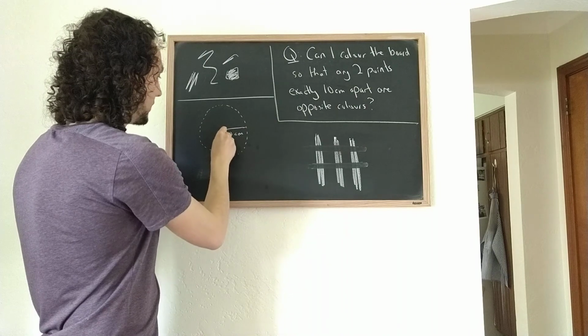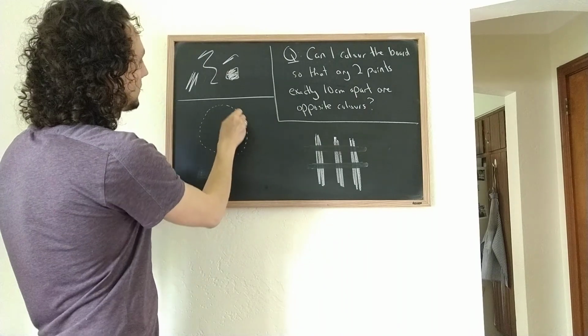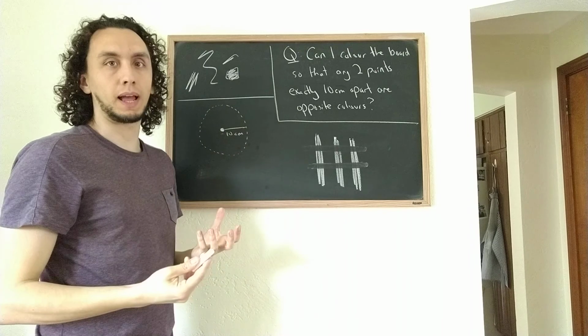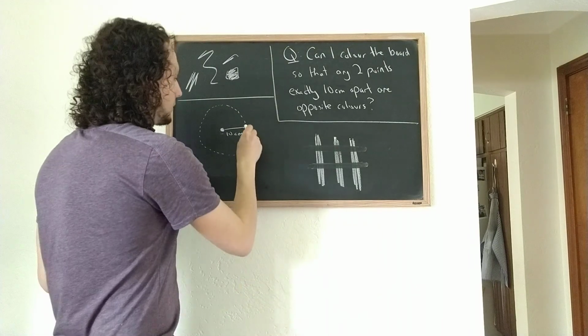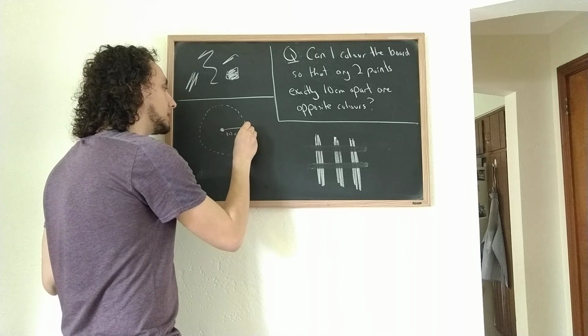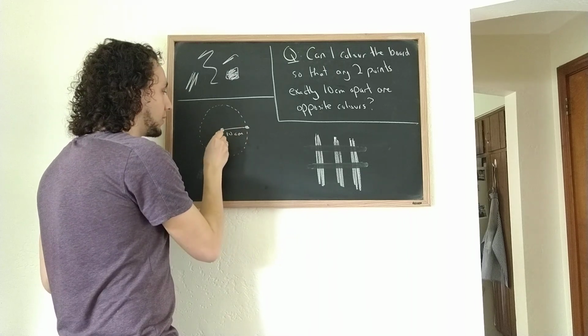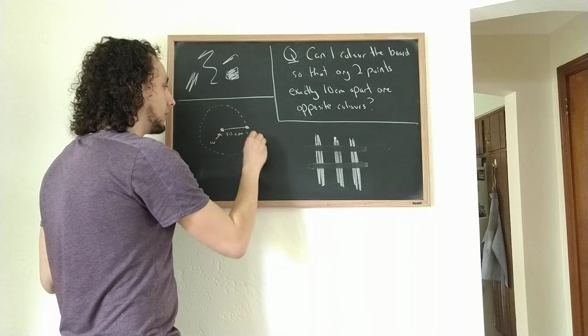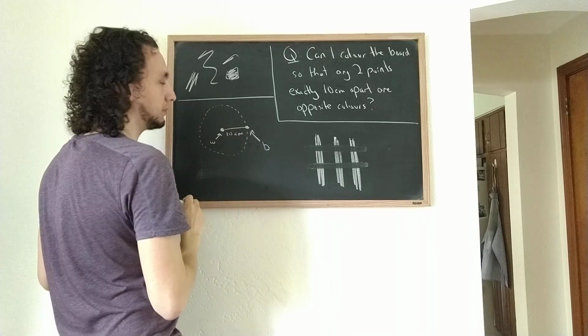Okay, so if this point is white, then every point on this circle has to be black. Okay, so in particular, let me take a single point on this circle, like for example, this point.